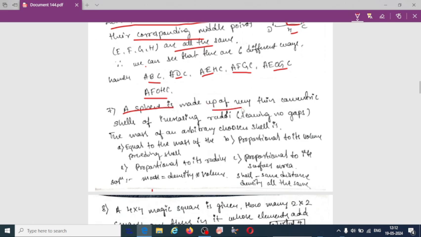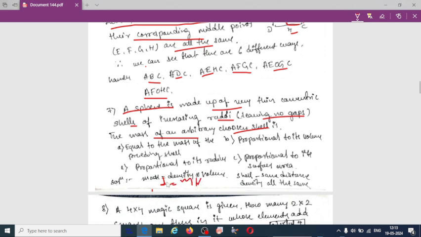A sphere is made up of very thin concentric shells of increasing radii. The mass of an arbitrarily chosen shell is. A sphere is 3-dimensional. It has concentric shells and there is no gap. For 3-dimensional structures, we have the formula density is equal to mass by volume, m by v.